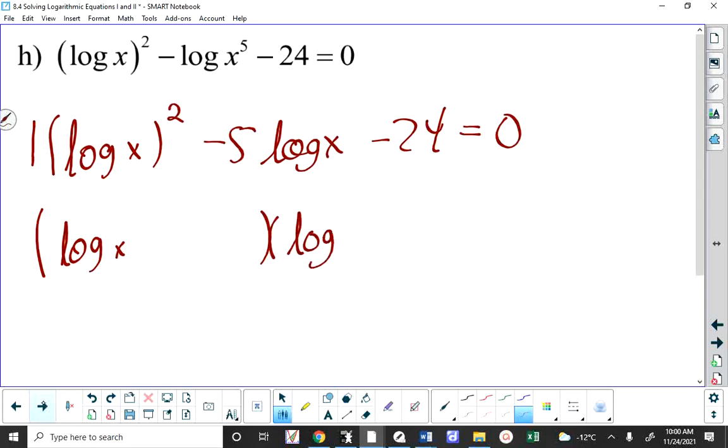Well, you're going to factor it into two binomials where the first term of each binomial is log of x. And you've got to have two numbers that multiply to give negative 24 and add to give negative 5, being negative 8 and 3.